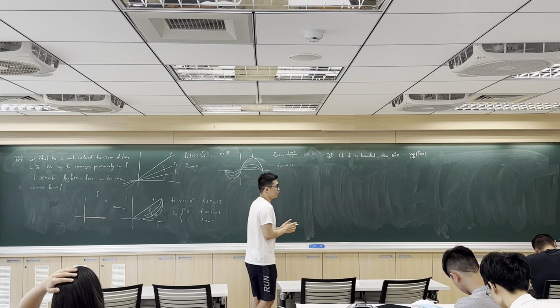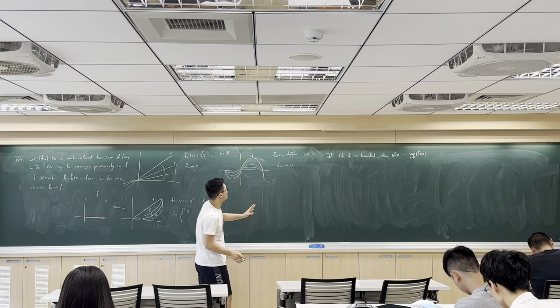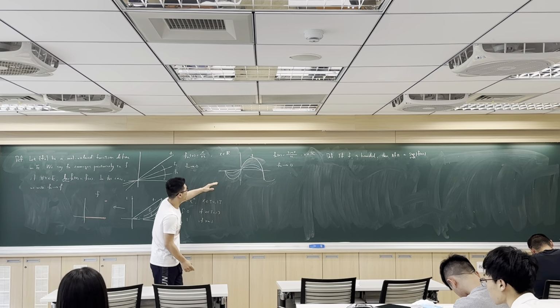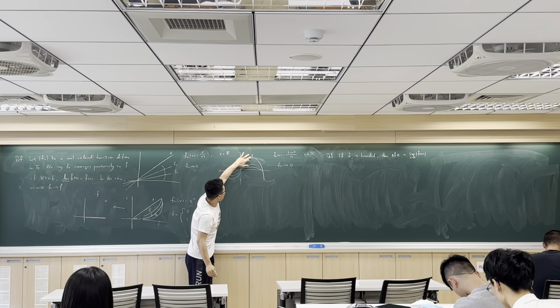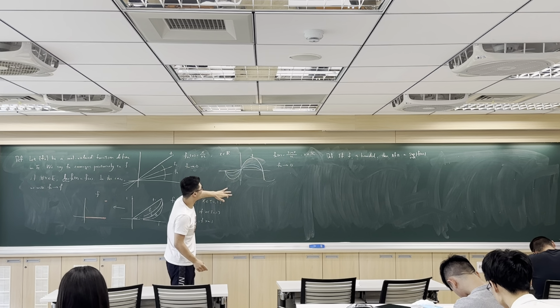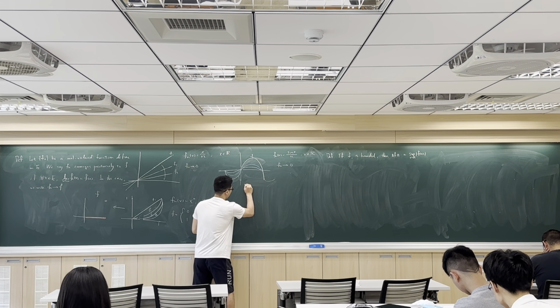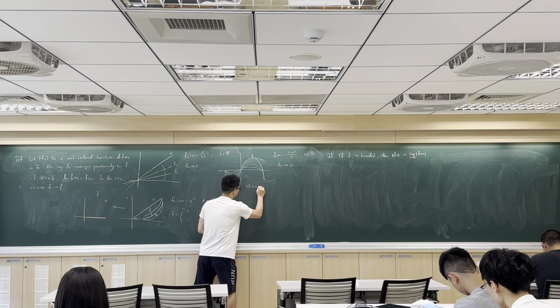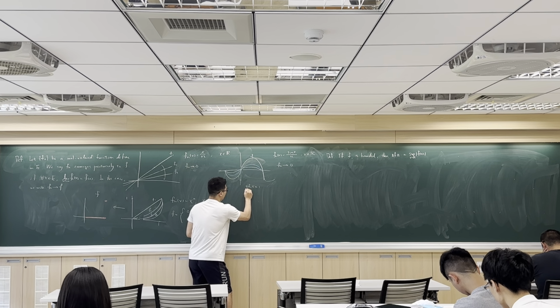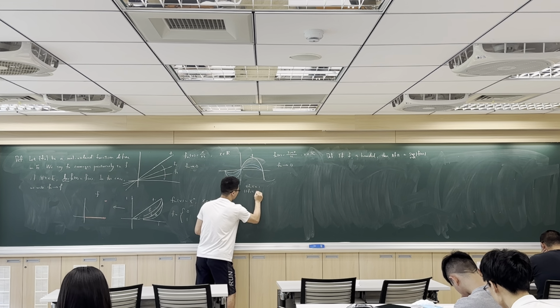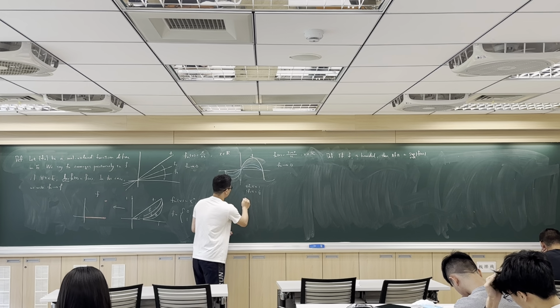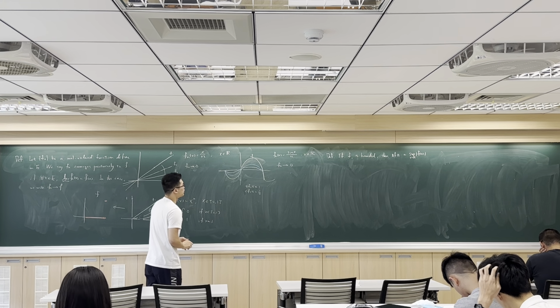So the norm of f means the maximum difference from f to the 0 function. So in this case, the norm of f1 is 1, and the norm of f2 is 1 over 2. It's like this.